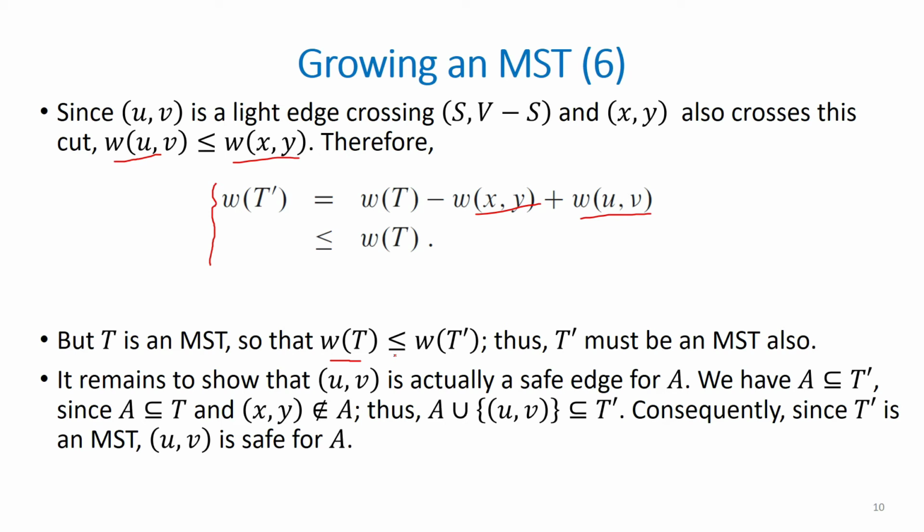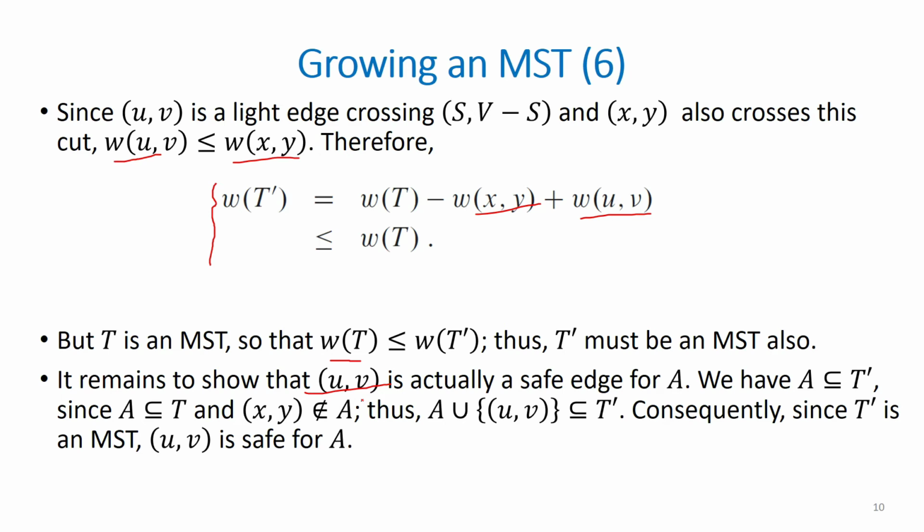Finally, we need to show that the edge UV is actually a safe edge for set A. By now, we know that set A is a subset of the spanning tree T prime. And since edge XY is not in A, the union of A and the edge UV would also be a subset of T prime. But we just saw that T prime is an MST, which concludes that the edge UV is safe for A.